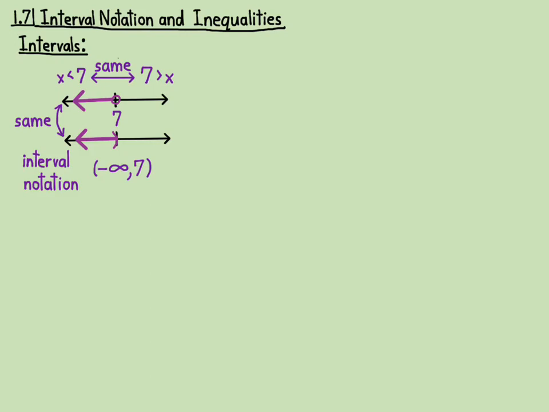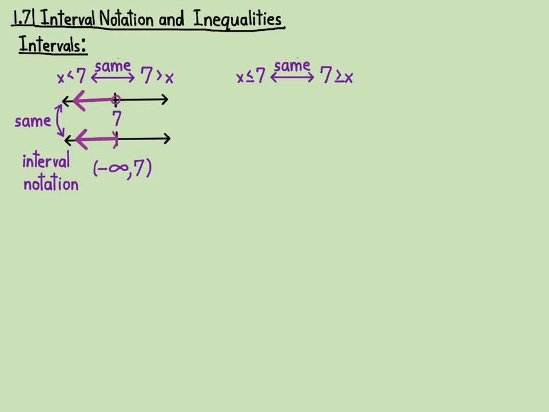So negative infinity, comma 7. Why does negative infinity get parentheses? Because negative infinity is not a real number, so it can't be in the solution set. And parentheses are for endpoints that are not in the solution set.